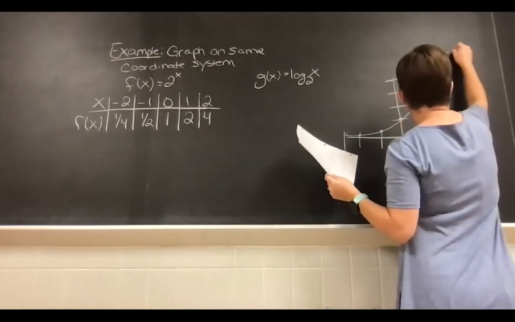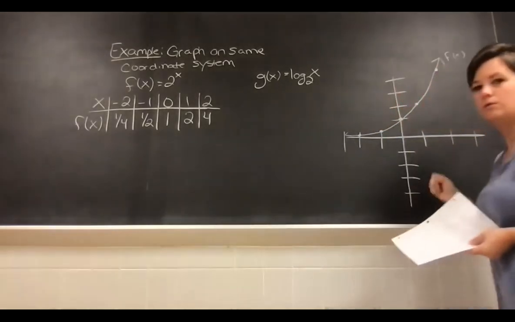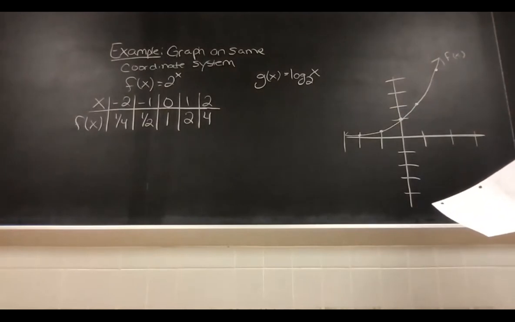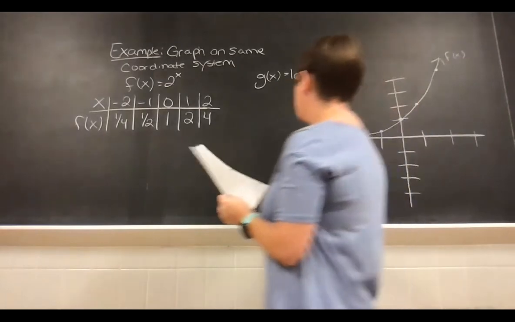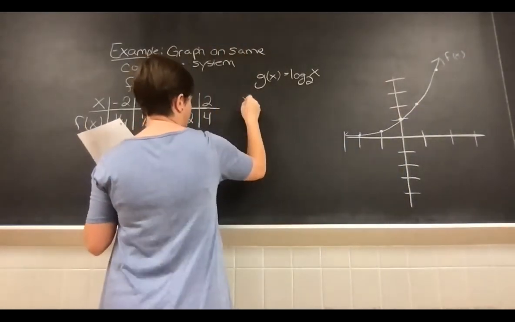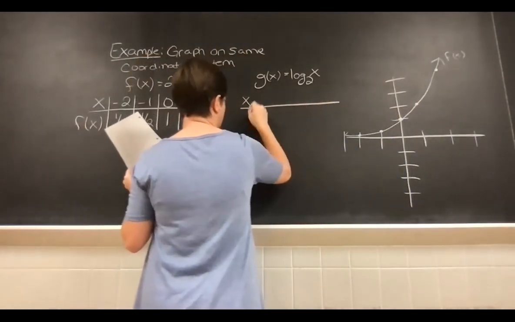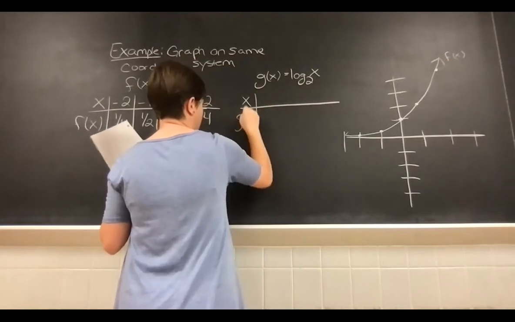So there's f of x. Now, for g of x, we have x, and then we have g of x.